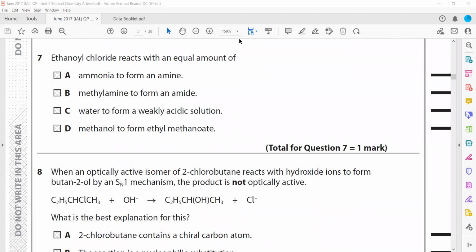Ethanoyl chloride reacted with an equal amount of, so if we have ethanoyl chloride CH3, C double bonded with O and Cl. If it reacts with ammonia, NH3, with NH and H partial positive, they will displace Cl.